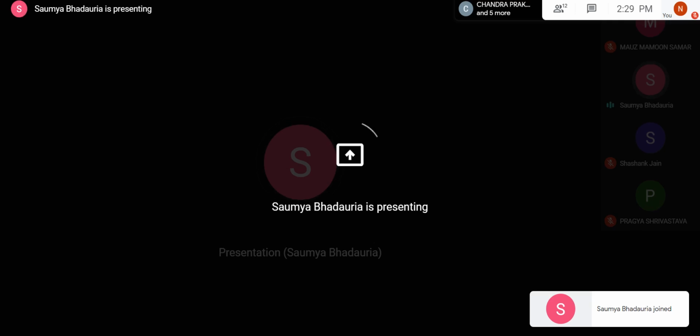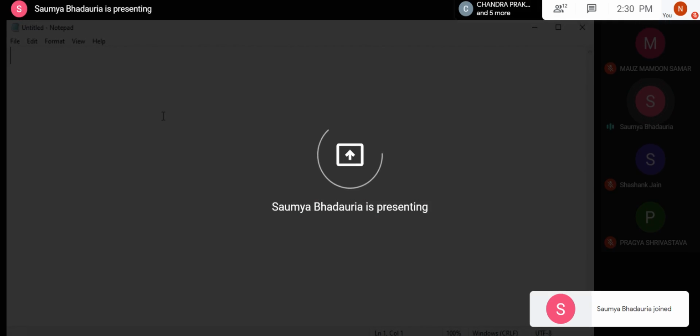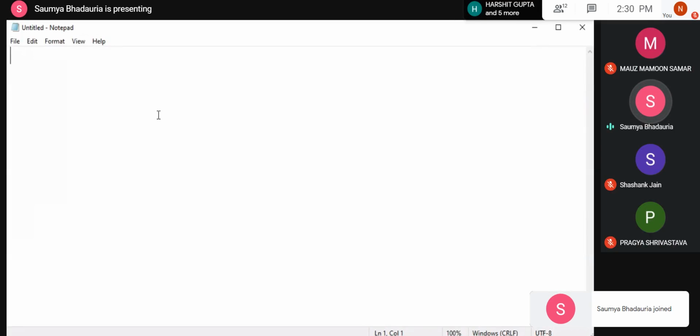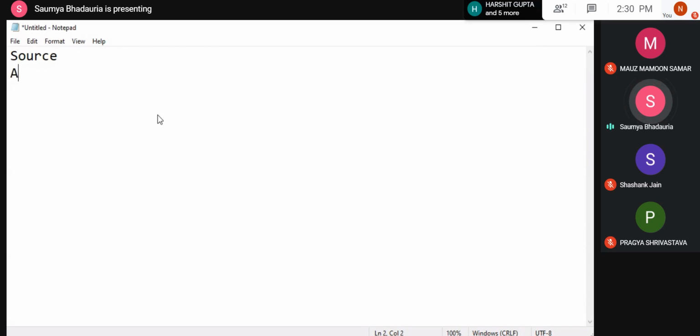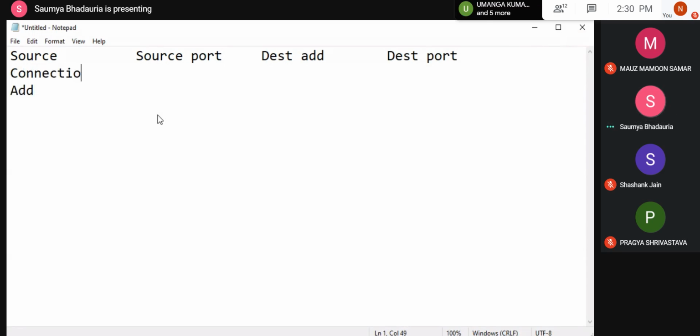If you have a stateful firewall connection state table, it normally has the source address, the source port number, the destination address, and the destination port number, followed by one more piece of information, which is the connection state.